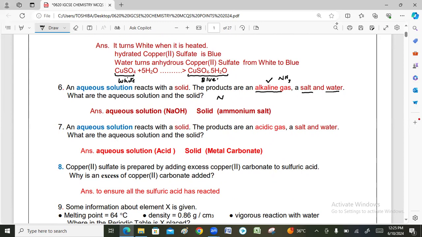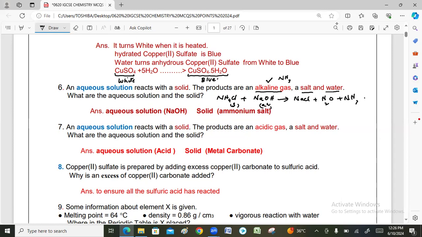Whenever we have an ammonium salt, like ammonium chloride, ammonium nitrate, ammonium sulfate, and it reacts with an alkali or a base, we'll get salt, water, and ammonia.